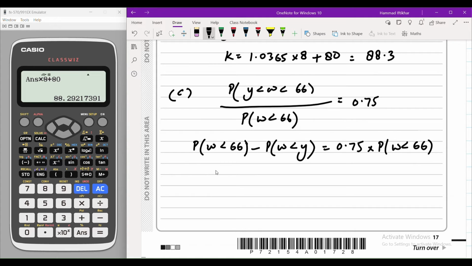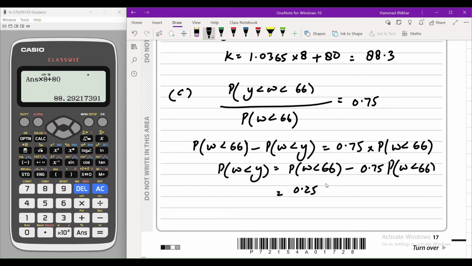Okay, so we rearrange this into the probability of w less than y equals the probability of w less than 66 minus 0.75 of the probability of w less than 66. So 0.25 of w less than 66. Okay, all right.